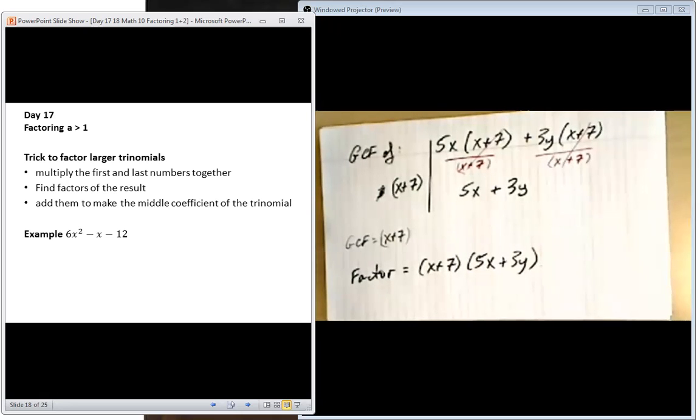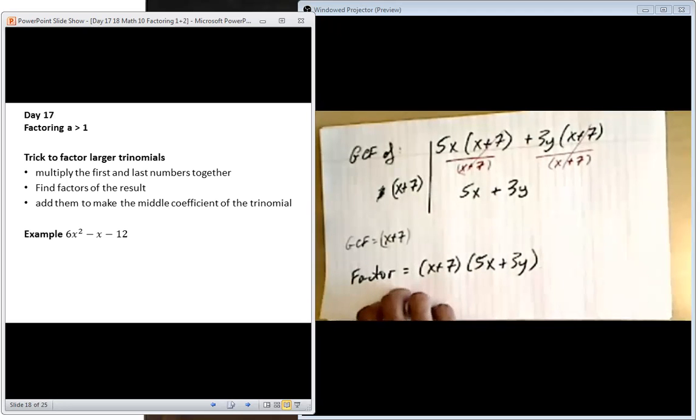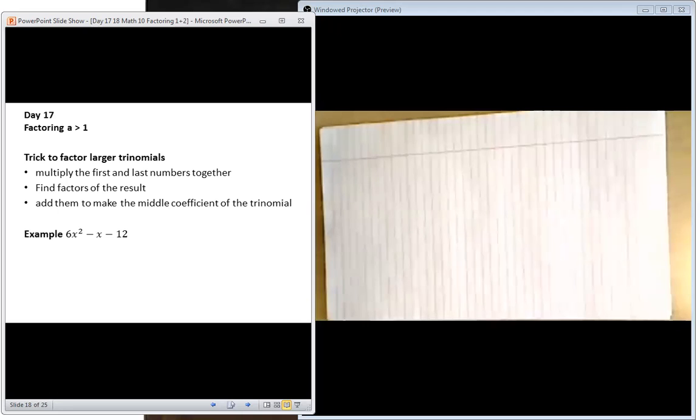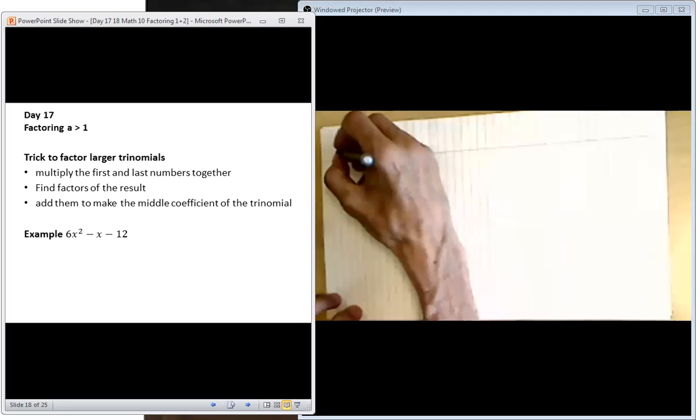Okay. So then we'll take a look at one more. Factor this thing.